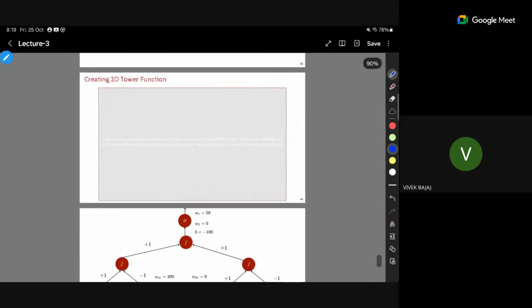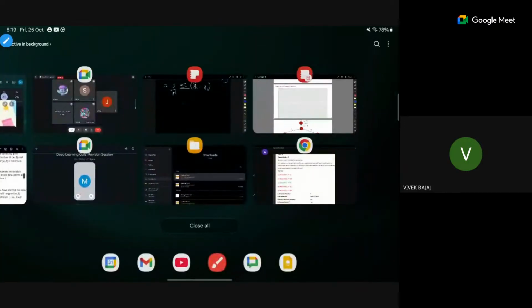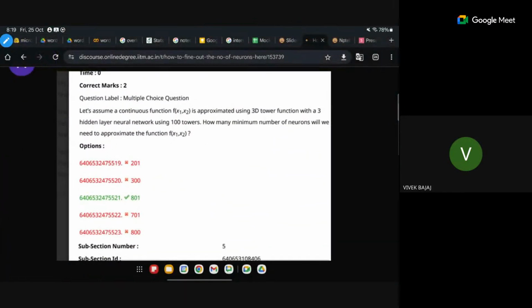So that is a confusion. If you see, they mention x1, x2, and let me consider that this is a 2D tower. That's what we are talking about, not a 3D tower. Then it'll be 401, right, sir?